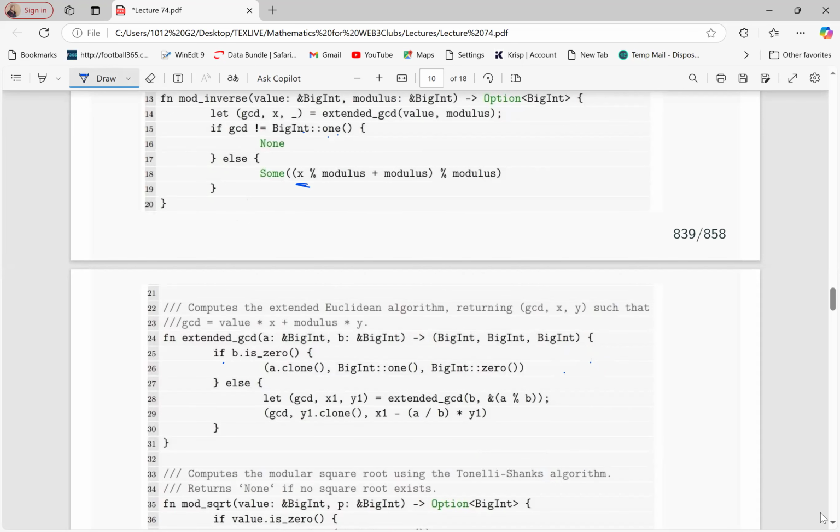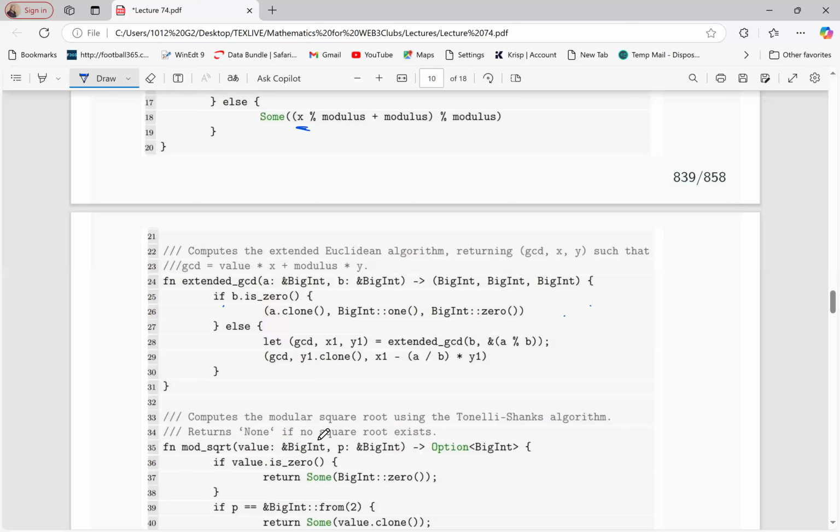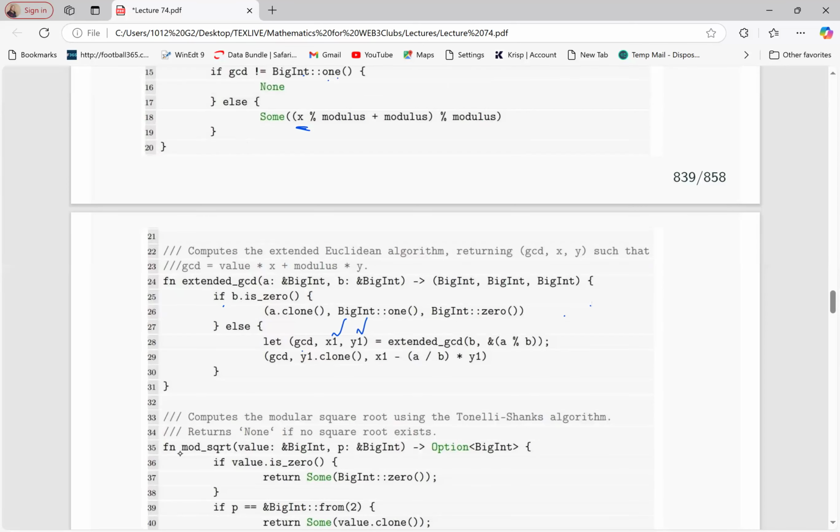So when none of them is 0, we proceed and find x1 and y1 so that the GCD of A and B will be the same as A x1 plus B y1.